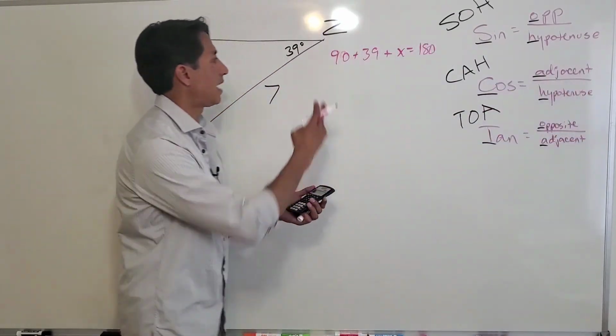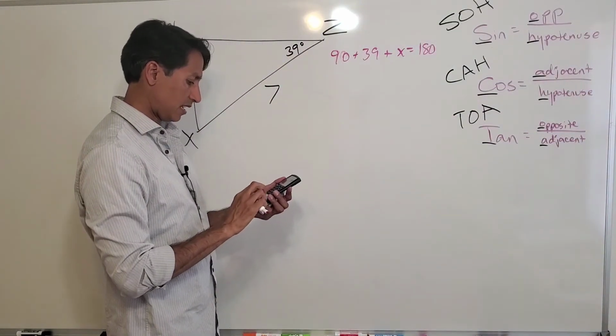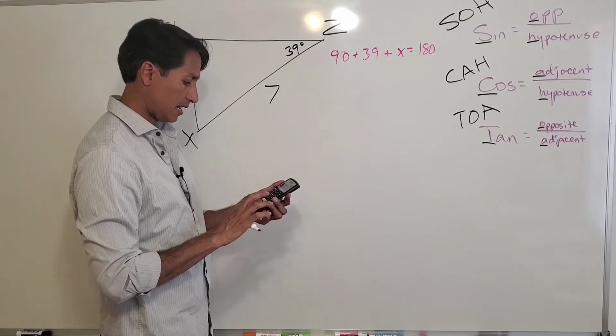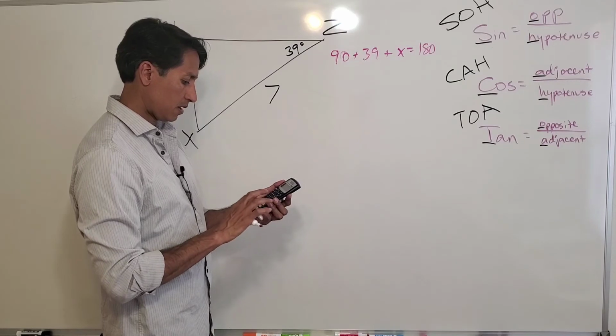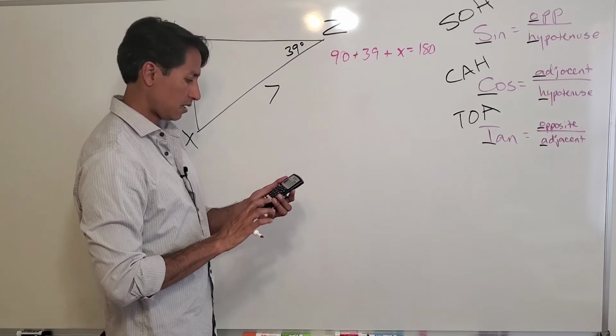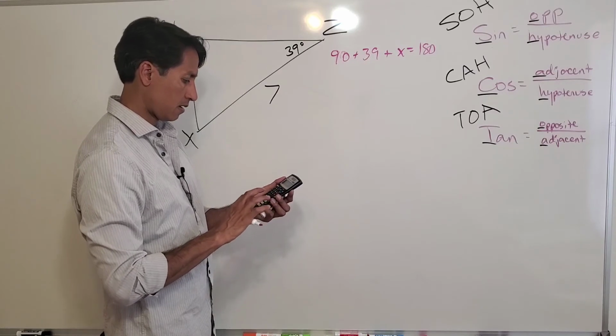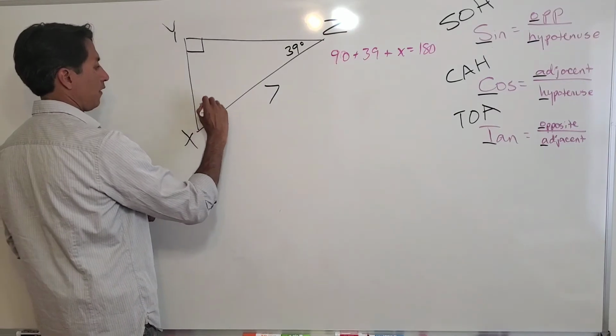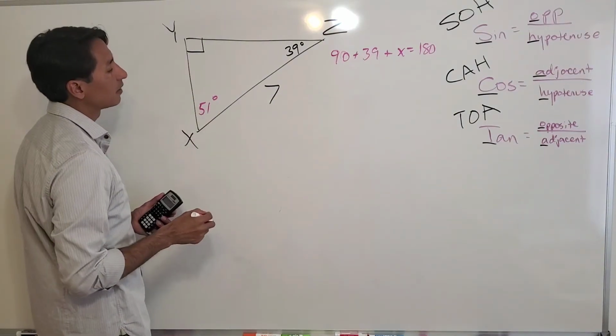So let me just combine and subtract. 90 plus 39 is 129. So 180 minus 129 is 51. So I know this guy here is 51 degrees, okay?